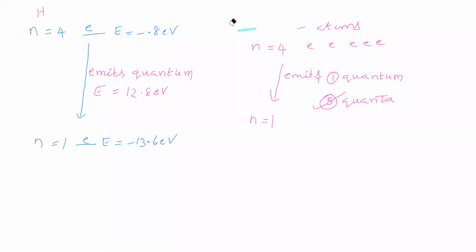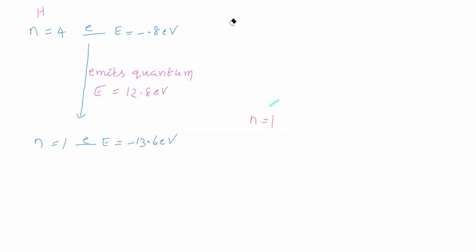Now, in the hydrogen atom, the electron present in the fourth level is jumping in what way? First it jumps into the third level, then it jumps into the first level.